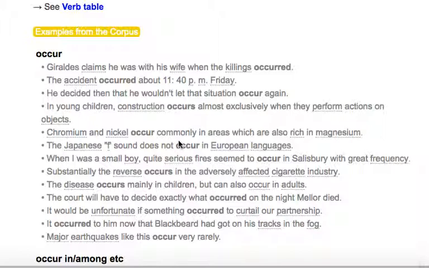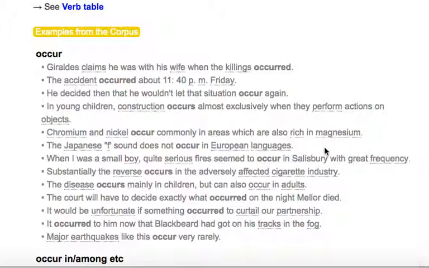Chromium and nickel occur commonly in areas which are also rich in magnesium. So these are three minerals. As I'm reading these sentences, think about which meaning. Is it number 1 or number 2? You can print the text out and put the numbers later.